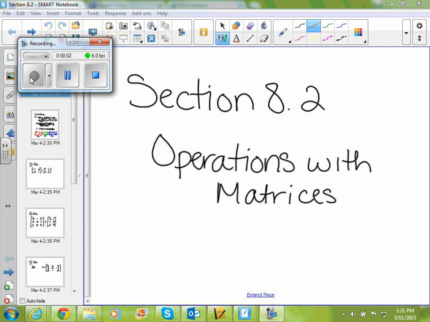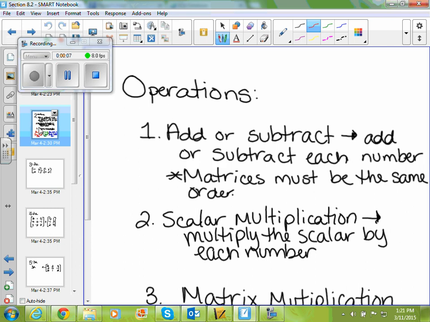Alright, so today we're going to look at operations with matrices, which is section 8.2. We're going to look at how to add and subtract, how to scalar multiply, and then how to multiply matrices.